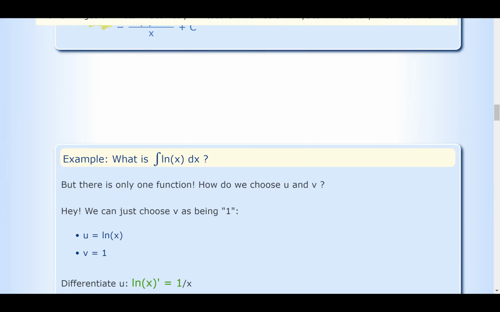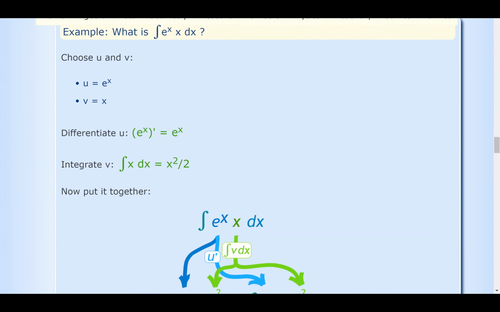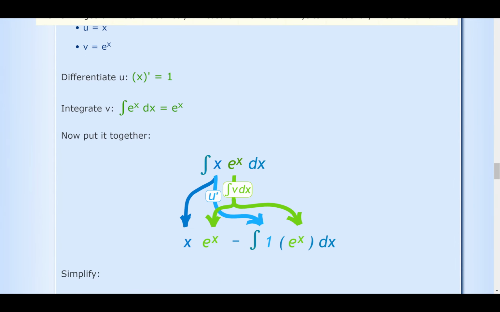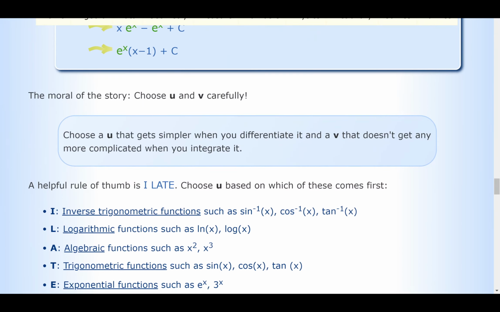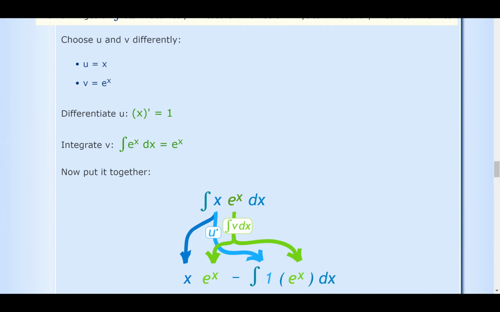But before we go there, I'm going to give you examples of questions in which you can see how we use integration by parts.